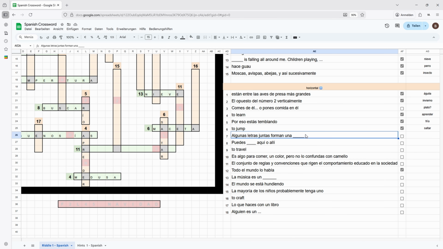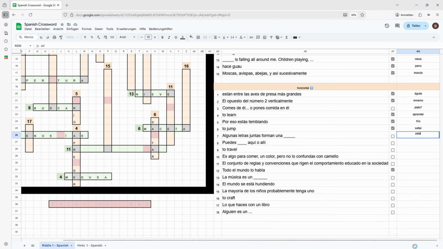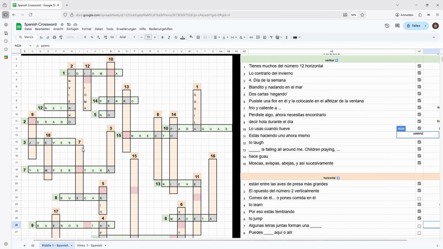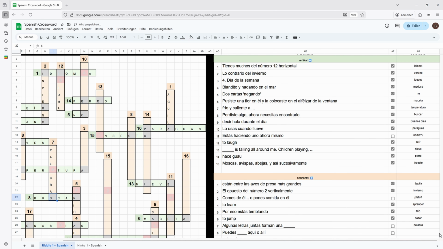"Algunas letras juntas formen una." So it says letters together form, I would say, a word, so palabra. Somewhere I have to type it. Oh, palabras. Multiple. But that's wrong.